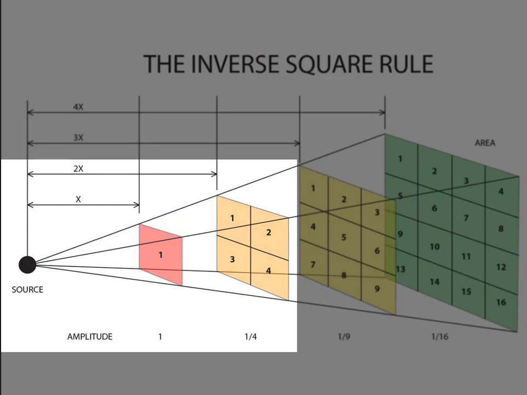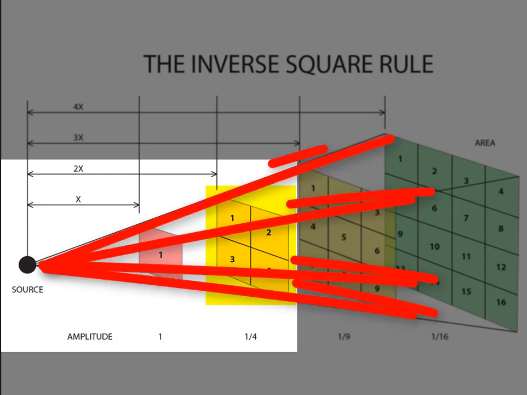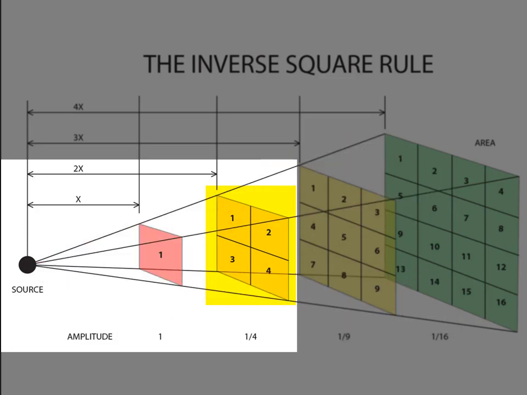So is the color going to be half as bright? Is the paint going to be half as thick? No. Not half, but a quarter. Why a quarter? Because by doubling the distance, you have increased the area that intersects the cone radiating out from the spray can 4-fold. You've increased that area 2 squared. You've doubled the distance, you've increased the distance 2 times.